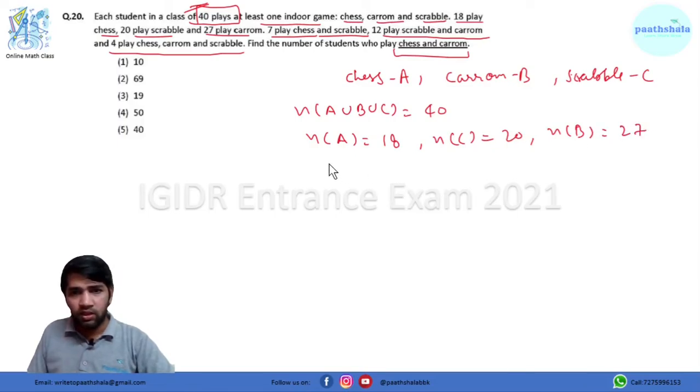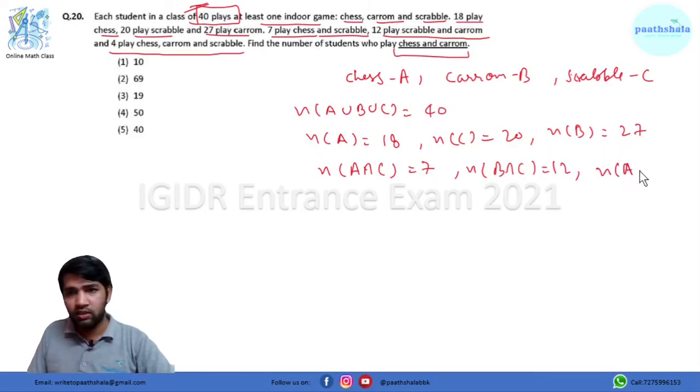Then it is given chess and Scrabble. So chess is A, Scrabble is C, so N(A intersection C) is given to you as 7. And then Scrabble and carom is basically N(B intersection C), given to you as 12, and you have to find chess and carom, that is N(A intersection B). There is one more thing given, that 4 play chess, carom and Scrabble, so that is N(A intersection B intersection C), which is 4.